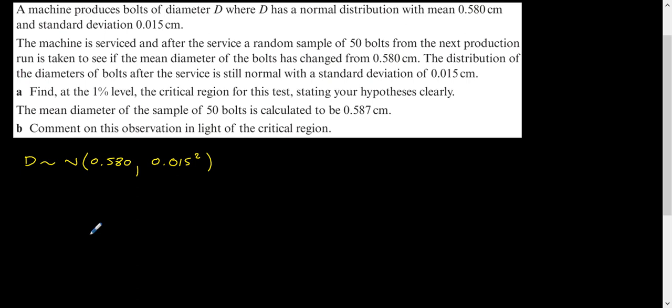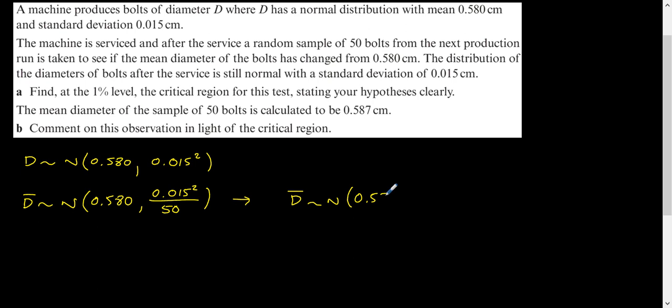The distribution is still normal with a standard deviation of 0.015. So let's turn that into a distribution of sample means. D bar has the same mean, 0.580, and 0.015 over root 50, all squared. And remember, the nice way of writing this so that you know exactly what to type into your calculator is like this.